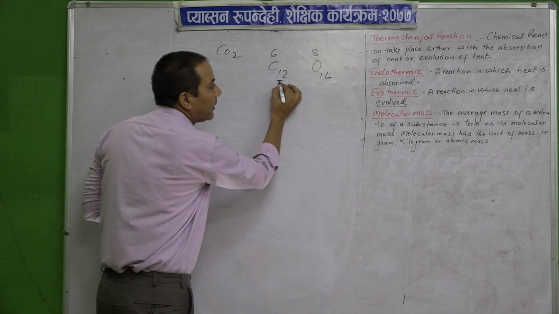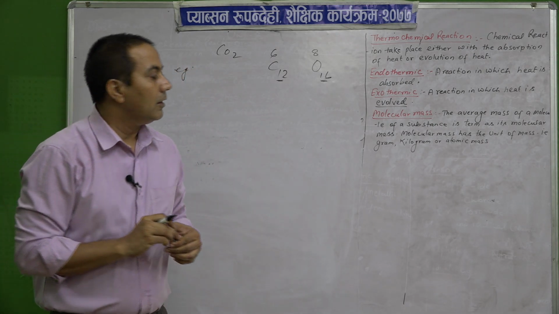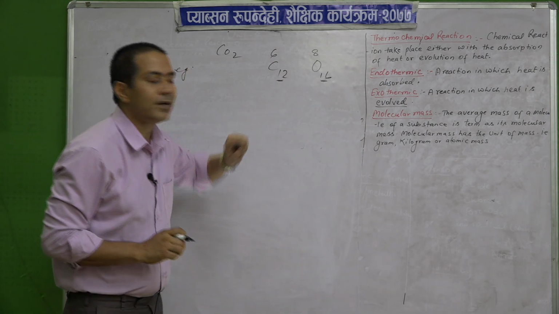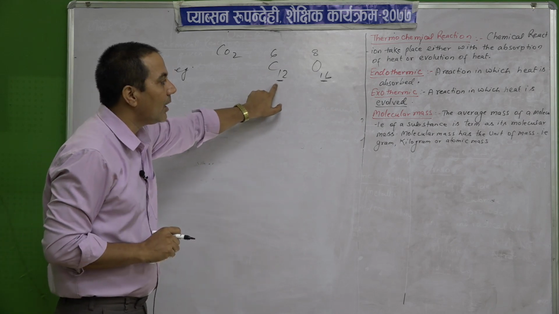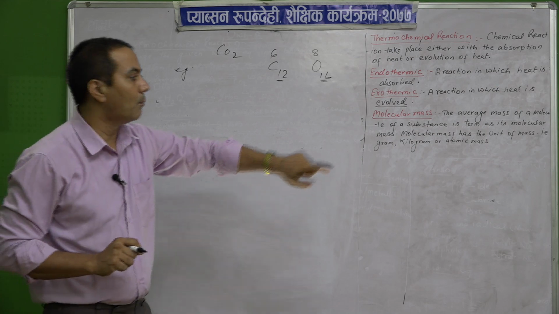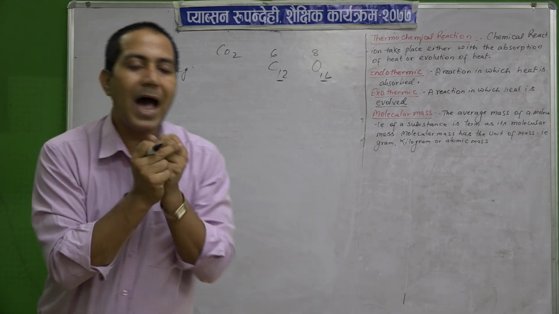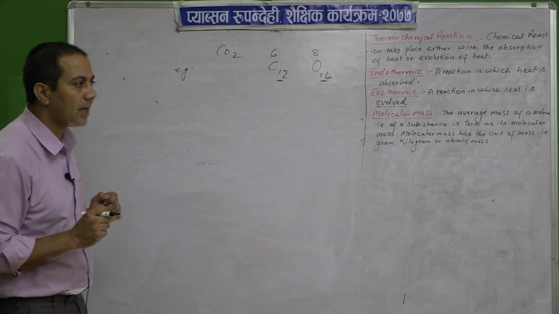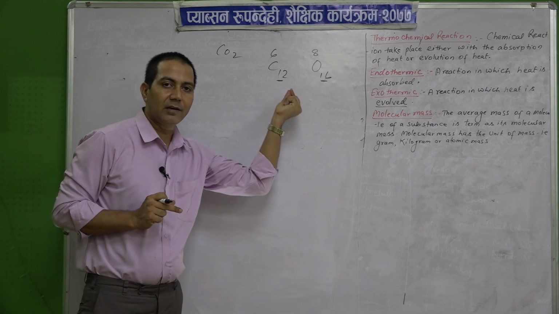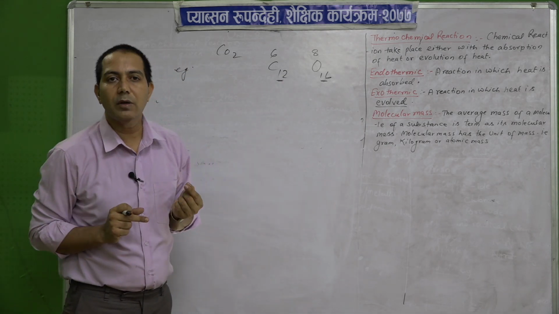That is atomic weight, the mass of the atom. Now, we are talking about the molecule. When two or more atoms are combined, it forms a compound or a molecule. That means we have to add that mass. That will be the molecular mass.